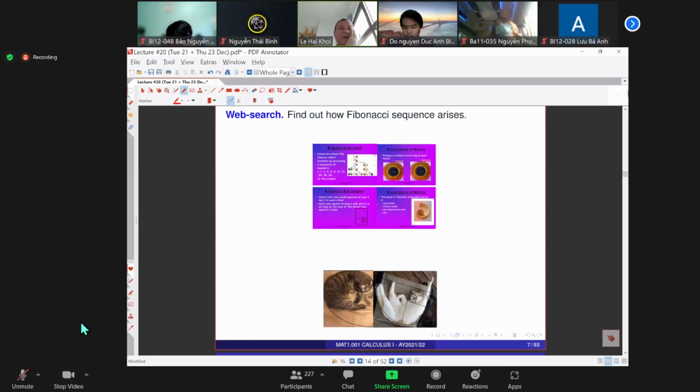For example, you can search on web search to see the Fibonacci sequences. Đấy, đây là cái ban đầu của nó đây này, là con thỏ đây này, cặp thỏ nó sinh con này. And you can see in the nature a lot of things related to Fibonacci sequences.